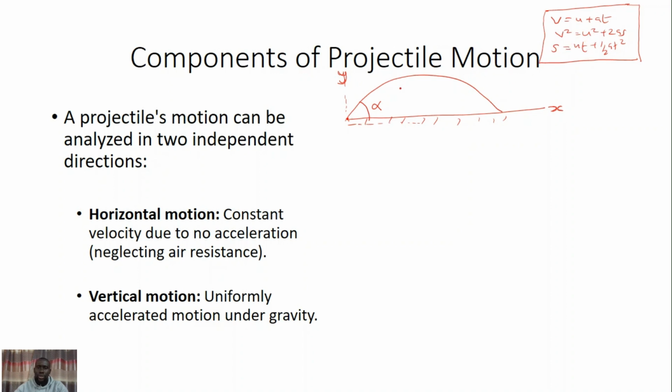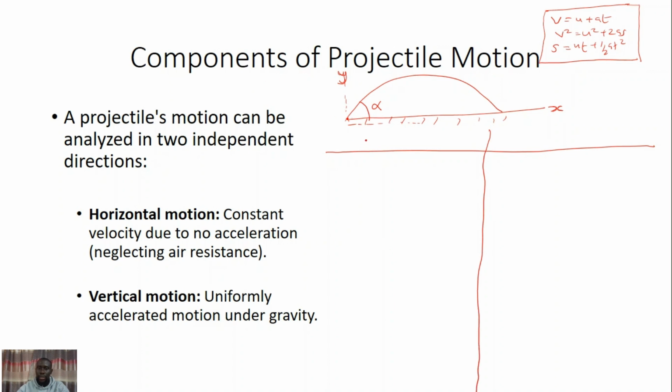When you want to do calculations in projectile motion, you use the same equations, but you need to understand the different components of a projectile motion, and we are going to look at them now. We'll look at the vertical components and the horizontal components.